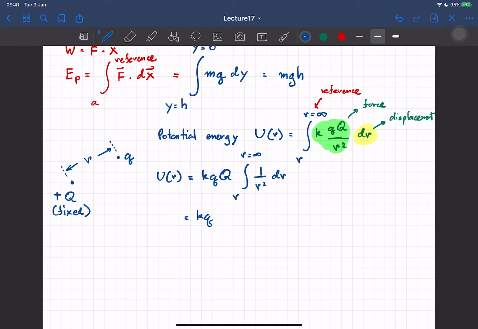This one is not too difficult to calculate, and I hope you can do this. But if you don't, then don't worry. Integral of 1 over r squared, you get minus 1 over r. And the limit of integration is from r to infinity, like this.